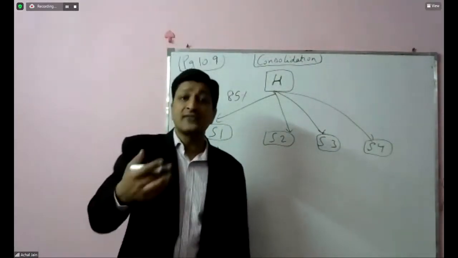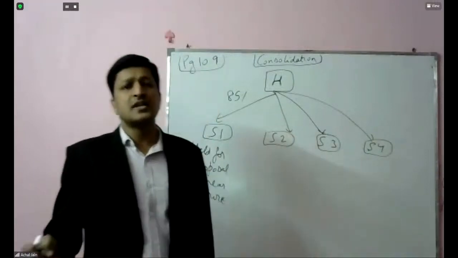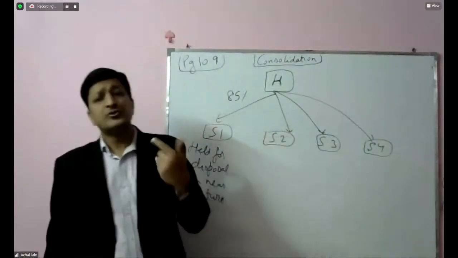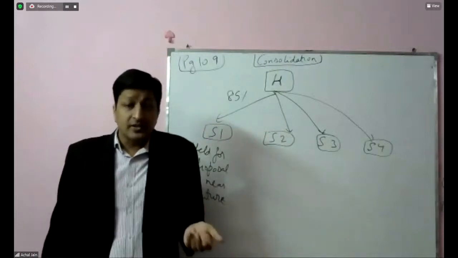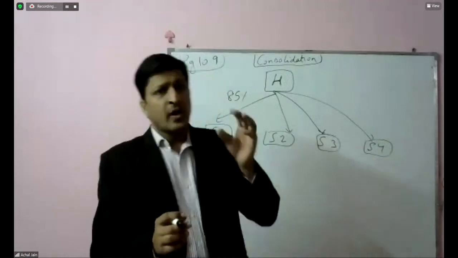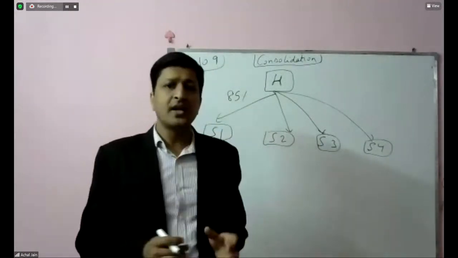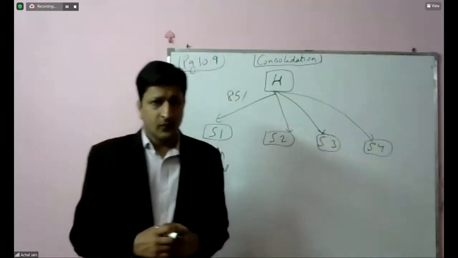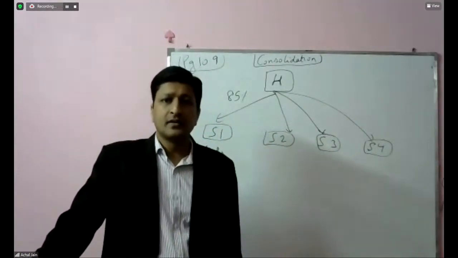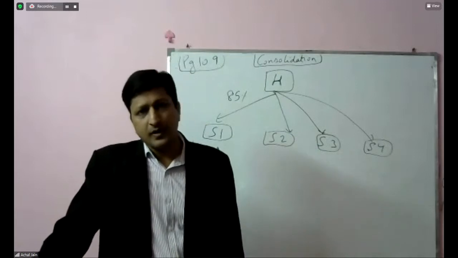Will CFS be prepared in such a scenario? Because in such a scenario, only one subsidiary was there, which is not getting consolidated. So that's why question of CFS doesn't arise. Because for a CFS, holding and at least one subsidiary has to be there. Otherwise, it's not possible. Clear?